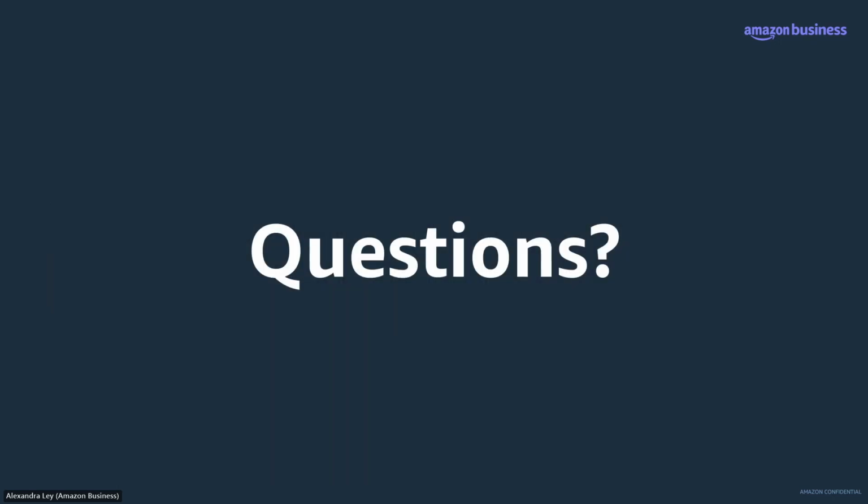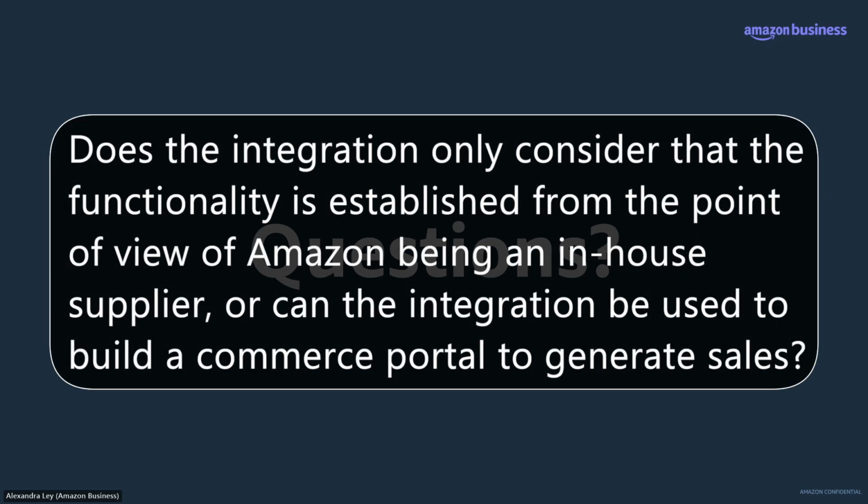Just reading a couple of other questions. Does the integration only consider that the functionality is established from the point of view of Amazon being an in-house supplier, or can it be integrated as part of a build to commerce portal to generate sales? So in this context, if I interpret the question, we're using the procurement functionality to purchase products from Amazon.